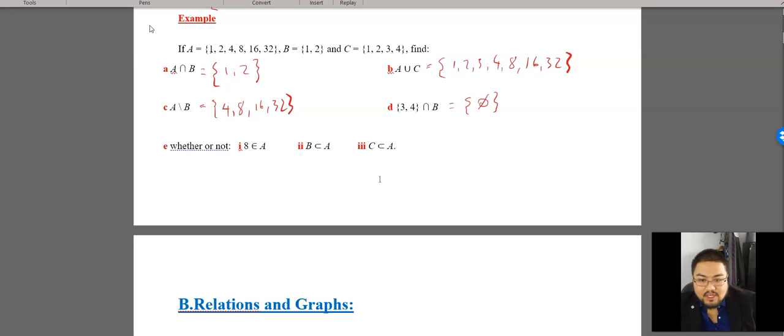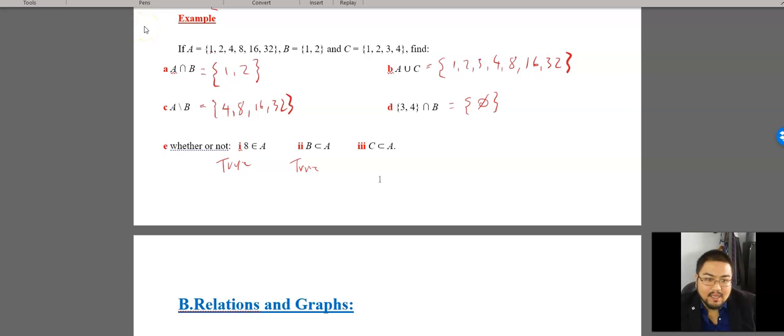All right, these last few questions here: whether or not 8 is an element of A. You can see the 8 there in A, so this one is true. Next one, B is a subset of A. Does every element in B exist in A? Yes.